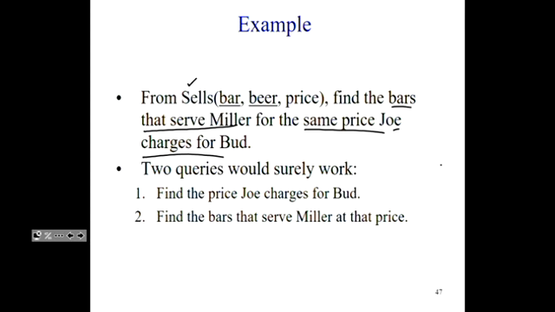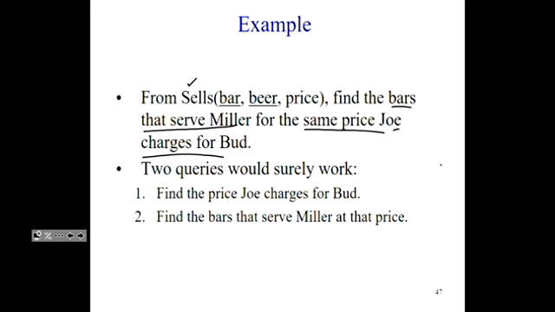The first query sub-selects the price that Joe charges for Bud, and then you find the bars that serve Miller at the same price. So let V1 be equal to the price that Joe charges for Bud, and then you use that V1 in the second query to find the bars that sell Miller at the same price.